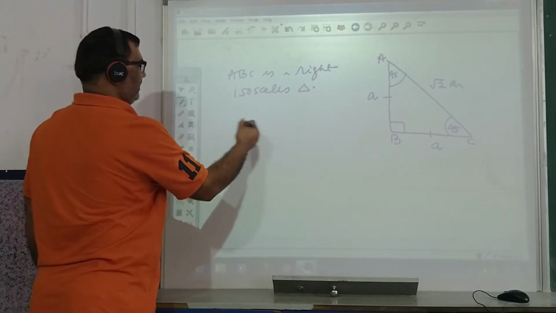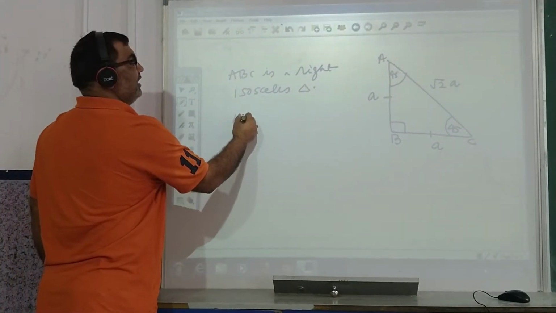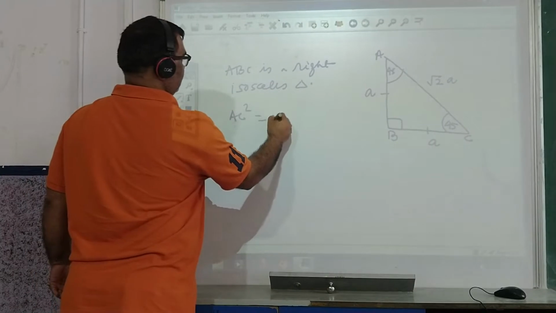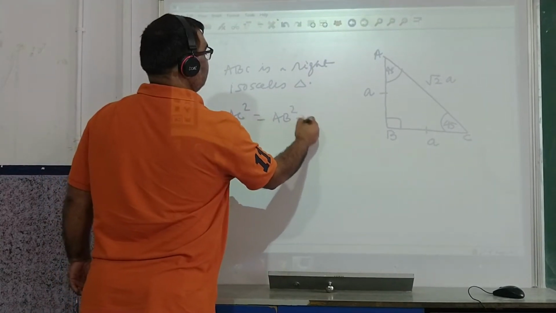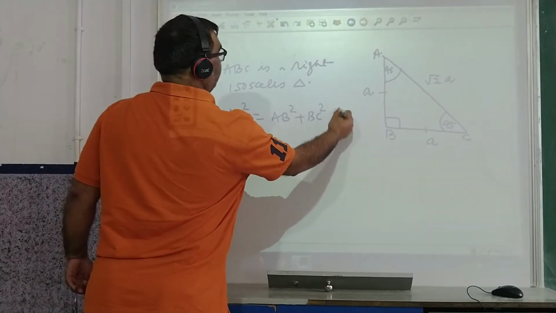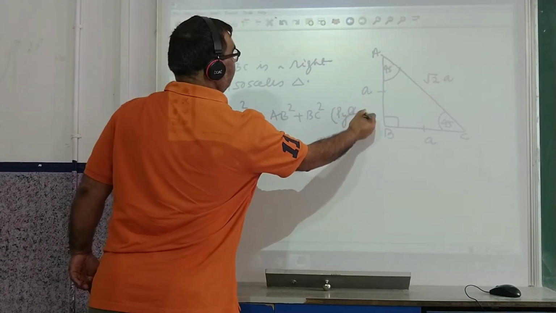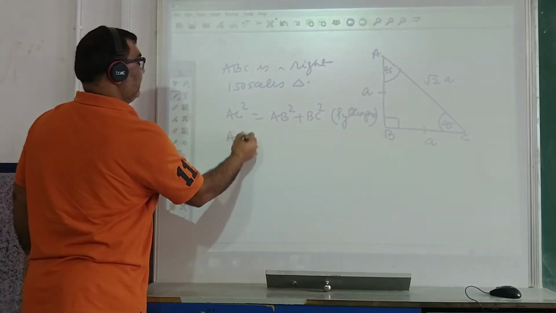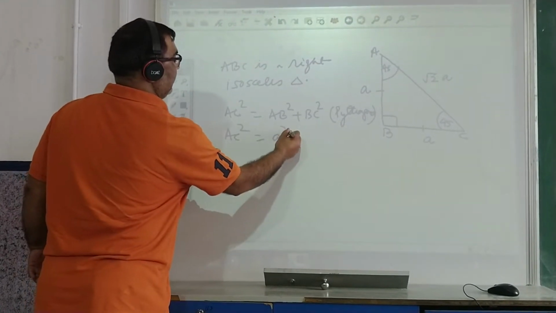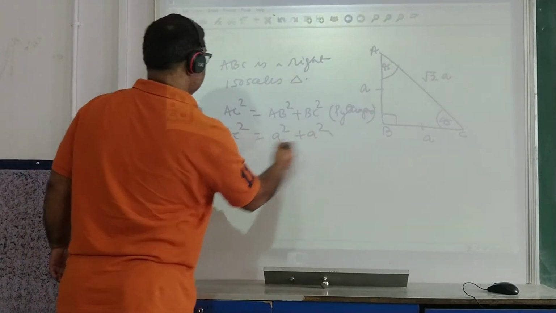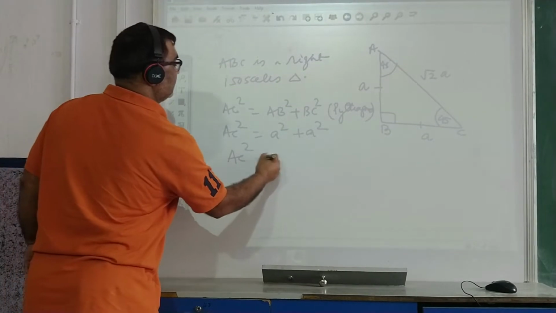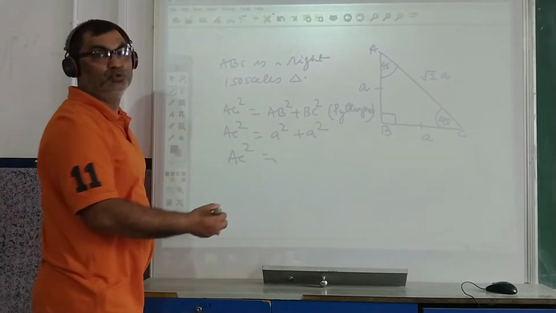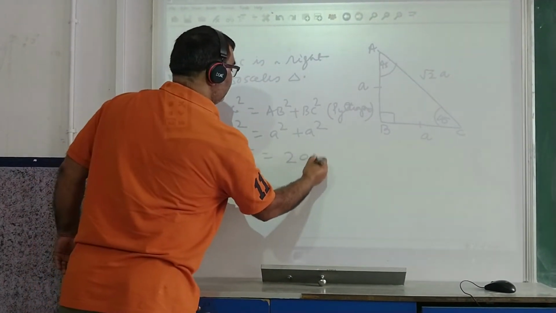So now a simple verification. You know AC square is equal to AB square plus BC square by Pythagoras theorem. So AC square is equal to A square plus A square, 2A square.